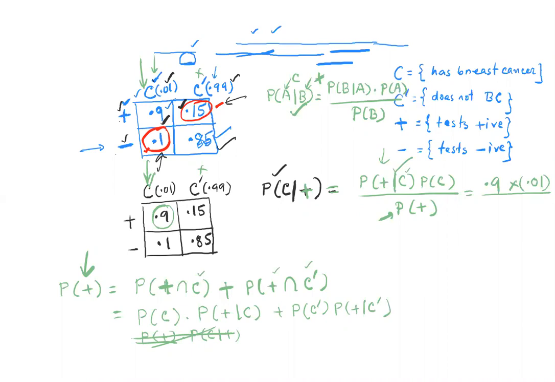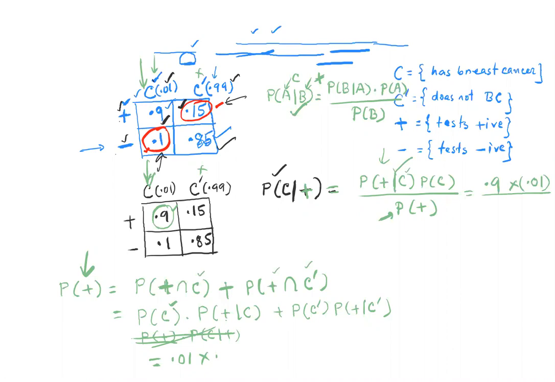Now, if I take these two and come up with the numbers, what is it going to be? Probability of having cancer is 0.01 times the probability of testing positive given that someone has cancer, which is the first column, that's 0.9.